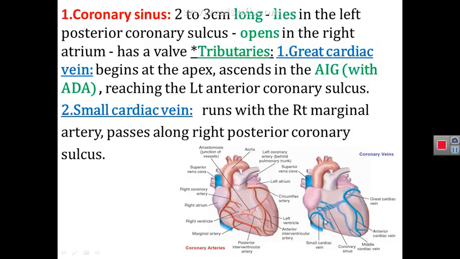It runs with the marginal branch of the right coronary artery. This is the marginal branch of the right coronary artery. You can see that the small cardiac vein runs with it, and it ends by connecting to the right side of the coronary sinus in the right posterior coronary sulcus.